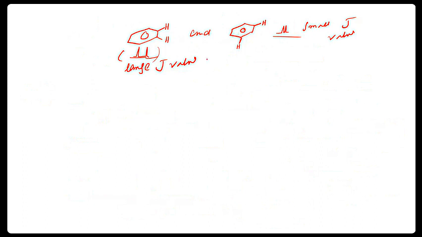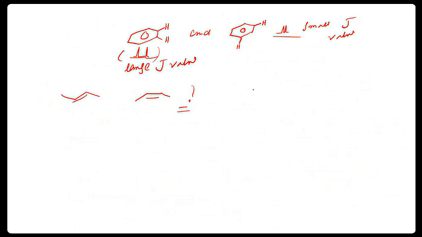But if we have two different things, let's say we have one alkene that is trans and one that is cis, then what to do by NMR? Think about these things.